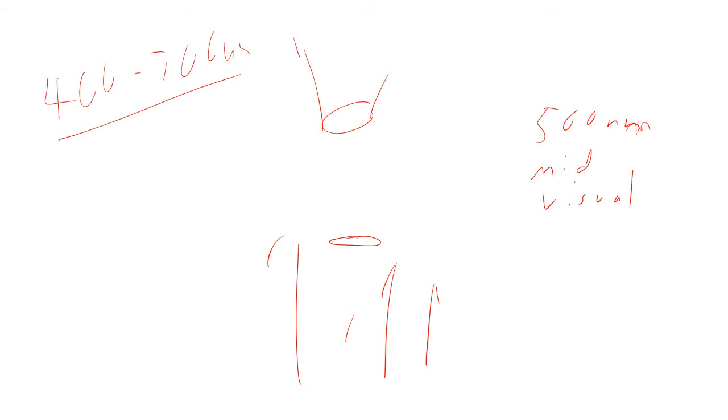Yet another strategy is to put a drop of oil right here. The oil has an index of refraction bigger than air, might be 1.4 or something. The higher the index of refraction, the shorter the wavelength.